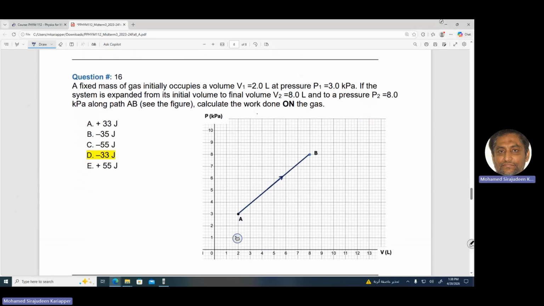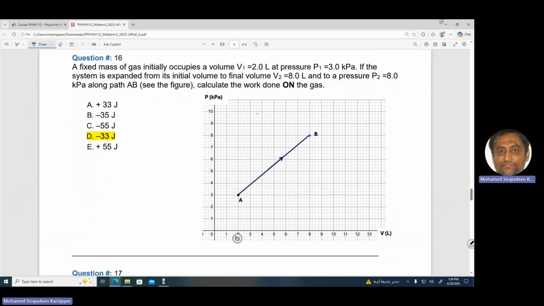Number 16. A fixed mass of gas initially occupies a volume of 2 liter at a pressure of 3. So now here again, this is kilopascal, this is liter. Are they SI units?